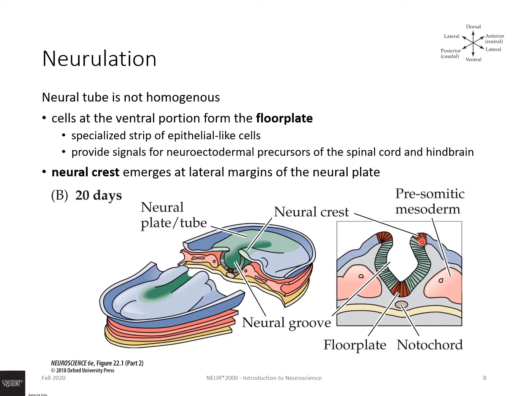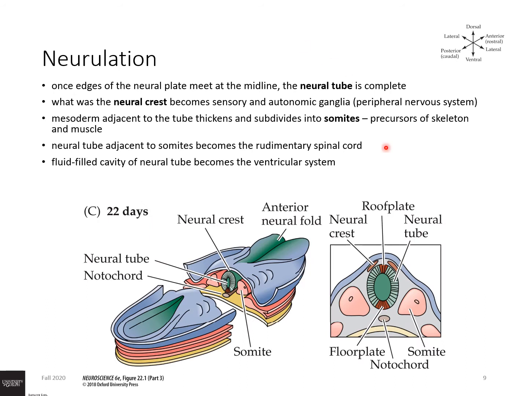And the neural crest emerges at the lateral margins of the neural plate. So once the edges of the neural plate meet at the midline, the neural tube is then complete. So what was the neural crest becomes sensory and autonomic ganglia, so it becomes the peripheral nervous system, so here.